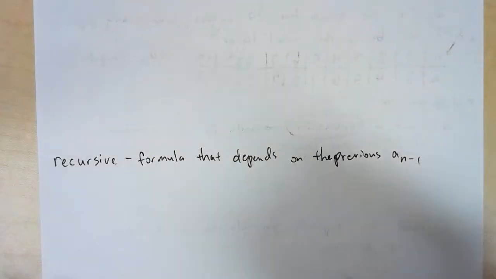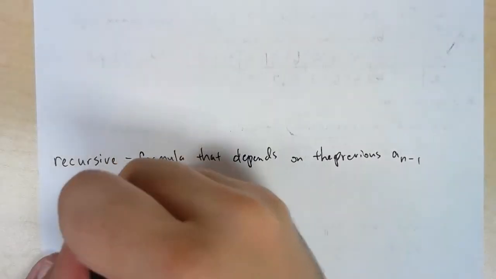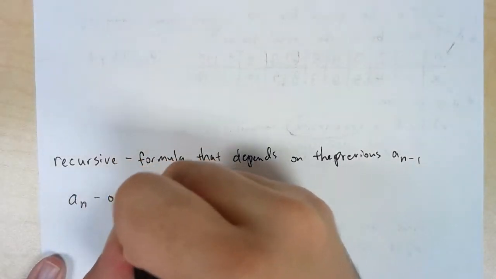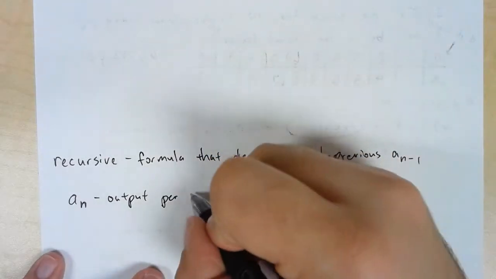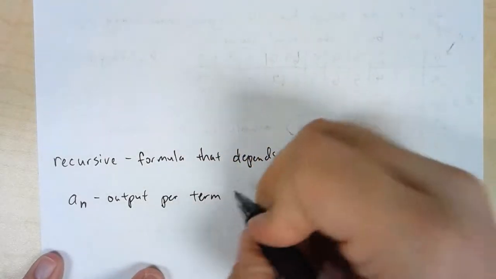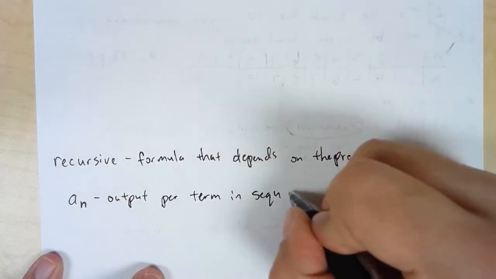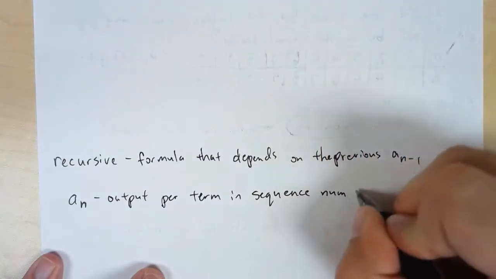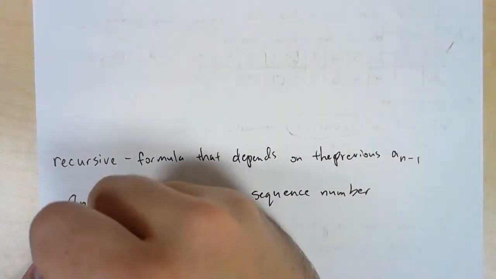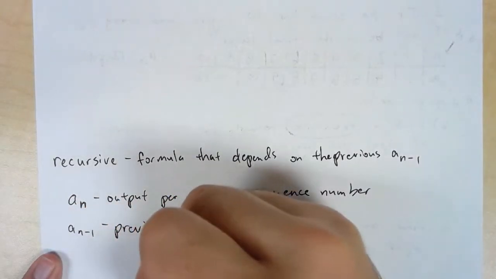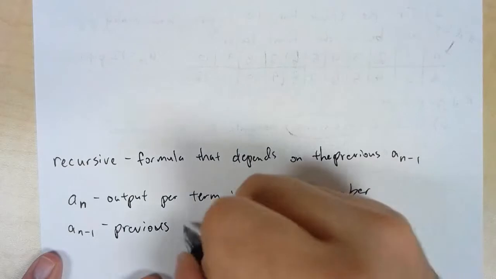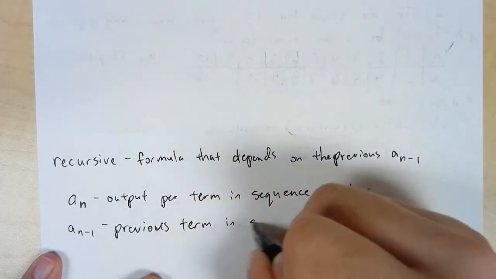So if we have a sub n, which is the output per term in sequence number, then we can say a sub n minus 1 is the previous term in the sequence.